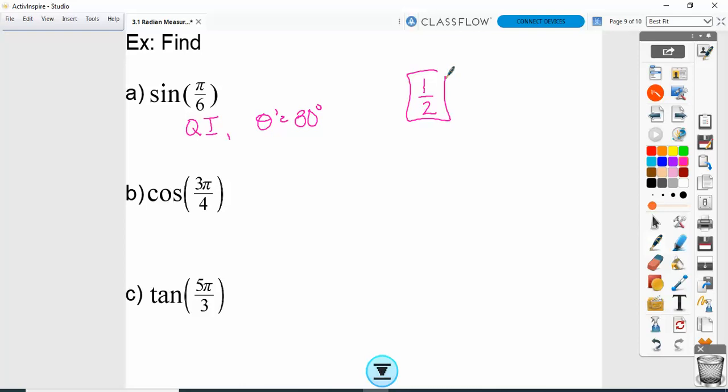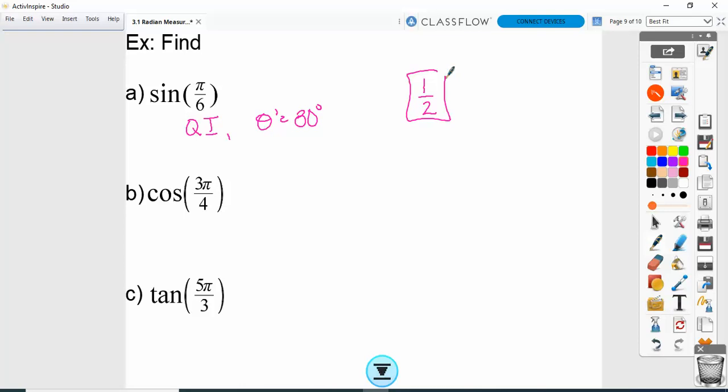Back to our thinking. Cosine of 3 pi over 4. Alright, so when I look at this, what quadrant is that in? Okay, 2.